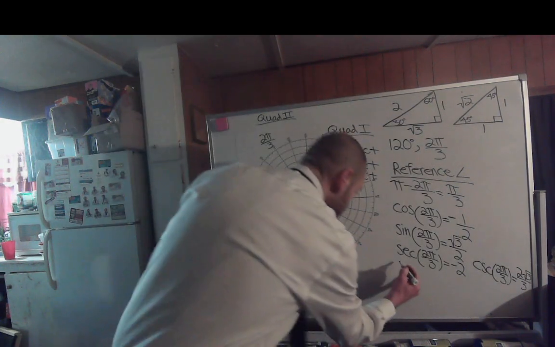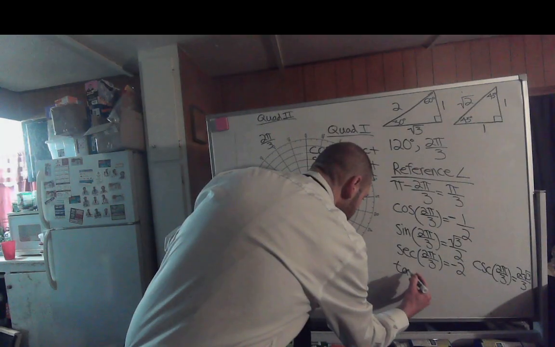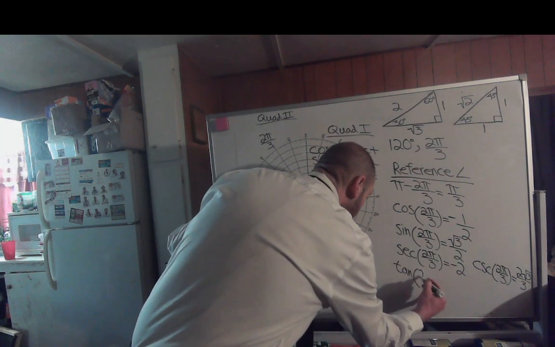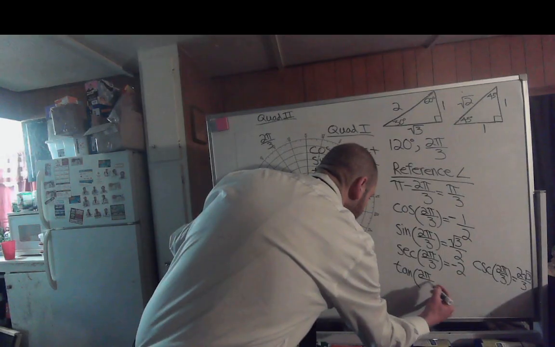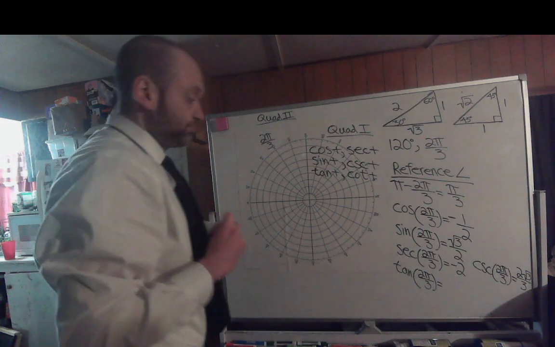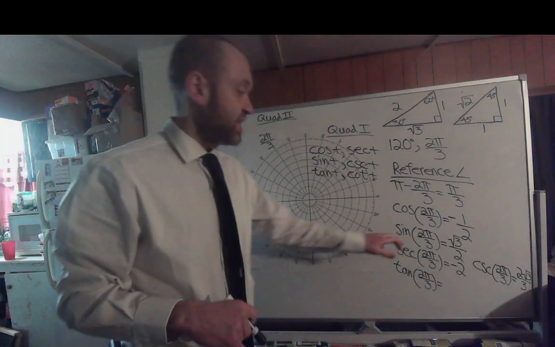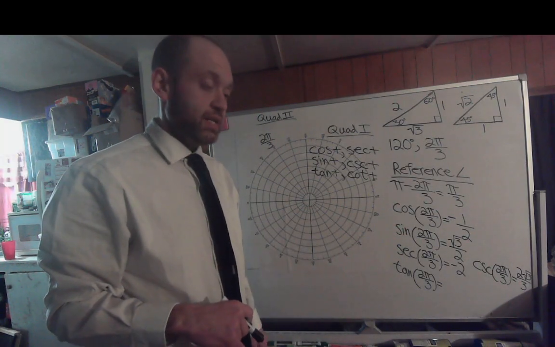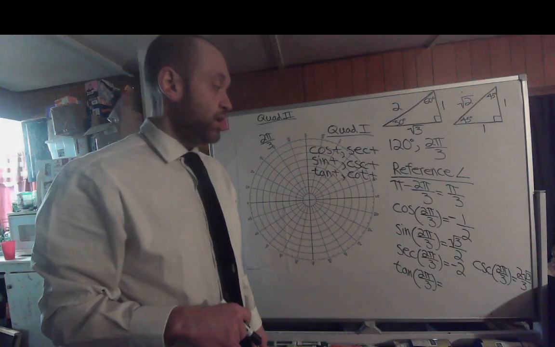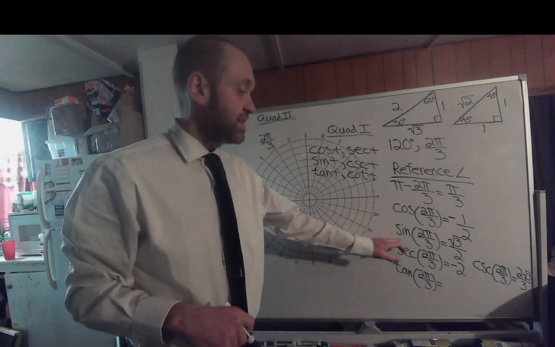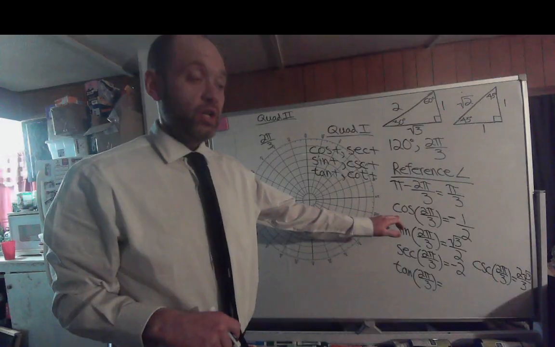Which then by extension we can find the tangent of 2 pi over 3. Now, what's true about tangent? That's your sine divided by cosine, right? Well, if you have a positive divided by a negative, what do you get?